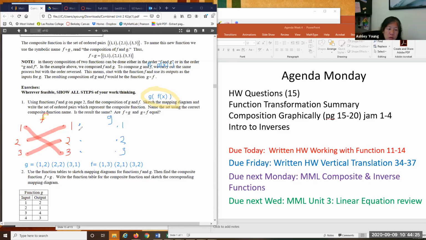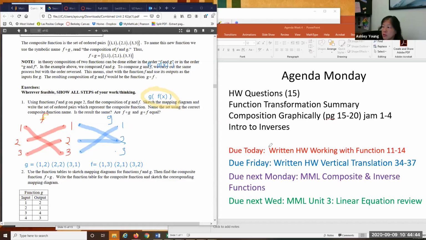G says 1 goes to 2. Great. 2 goes to 2. Great. 3 goes to 1. Do you guys see where she's seeing these from? They're right here: 1 goes to 2, 2 goes to 2, 3 goes to 1.